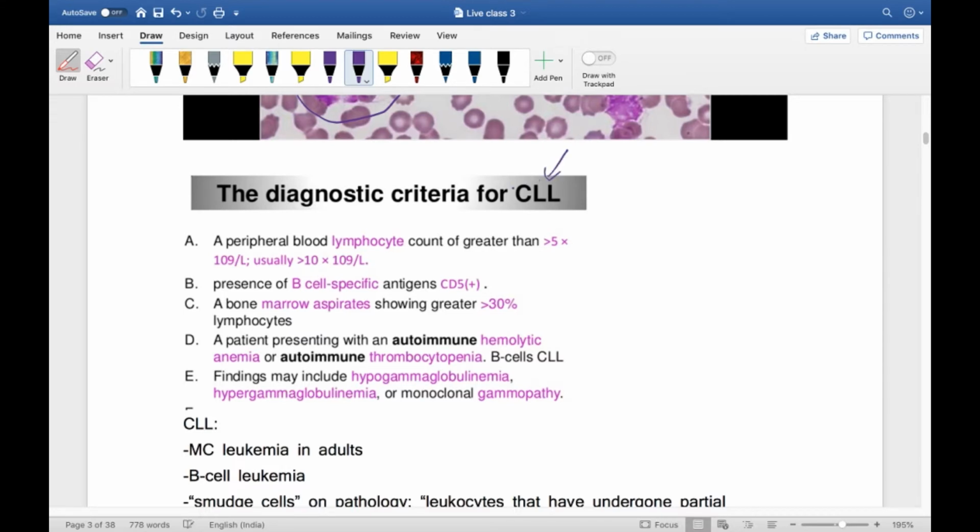Typically in CLL, the diagnostic criteria are very important. How much will be the peripheral blood lymphocyte count? More than 5 x 10^9, usually more than 10 x 10^9. A B cell specific antigen, CD5 plus. You should not forget it when we talk about CLL.